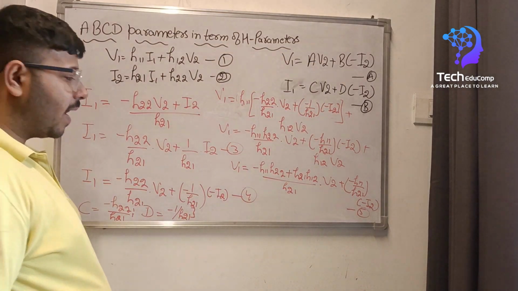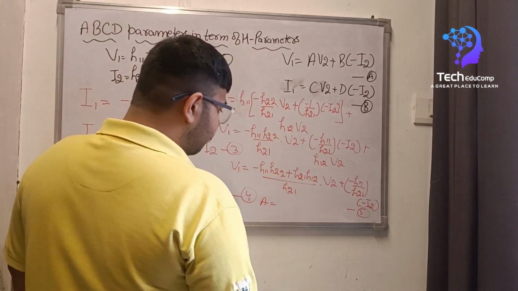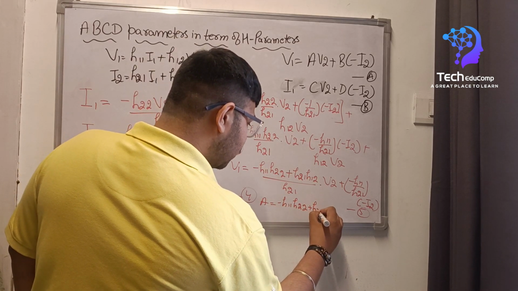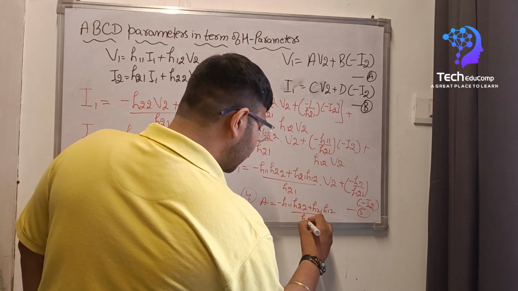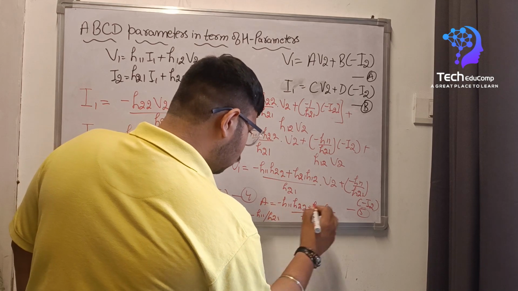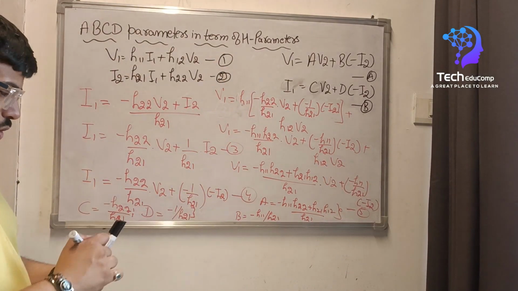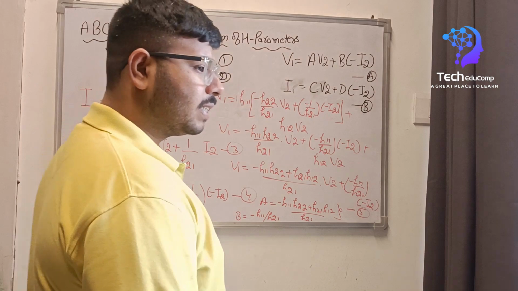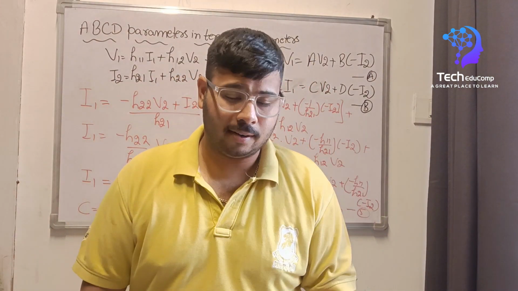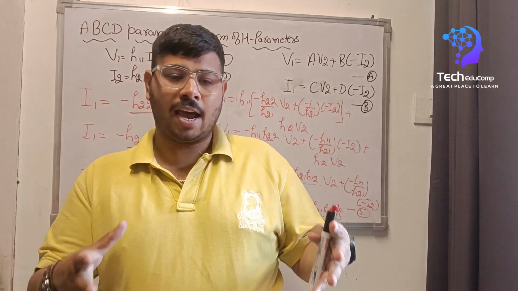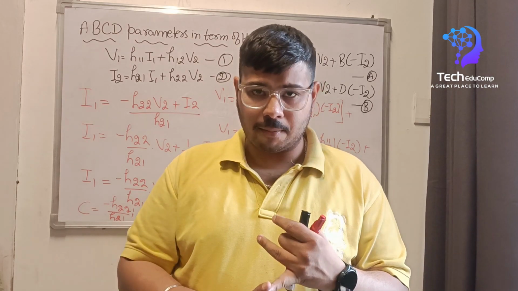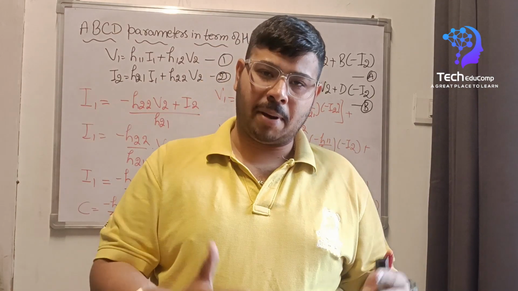And when you compare it with A, we will get value of A equal to minus of H11 H22 plus H21 into H12 upon H21, and B will be minus of H11 by H21. So this is how you write the ABCD parameters in terms of hybrid parameters. So I hope you understood how you can write every parameter, whether it is Z parameters, Y parameters, hybrid parameters, ABCD parameters, in terms of each other's parameters.